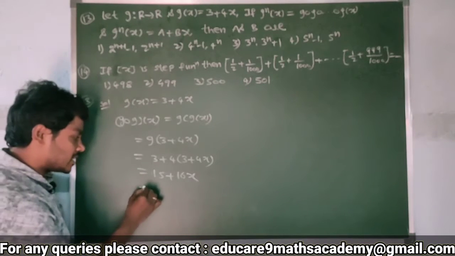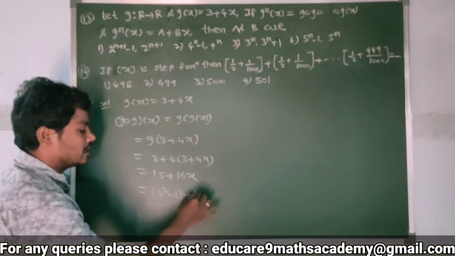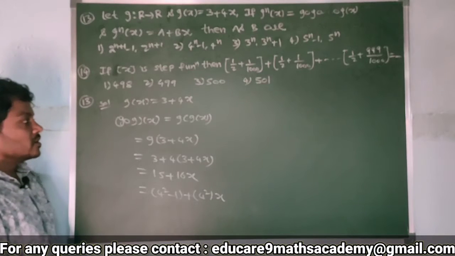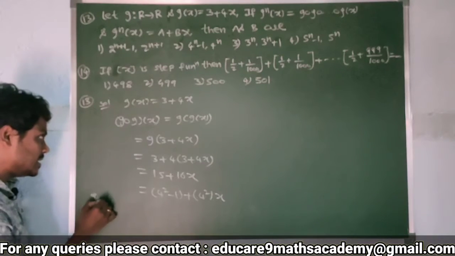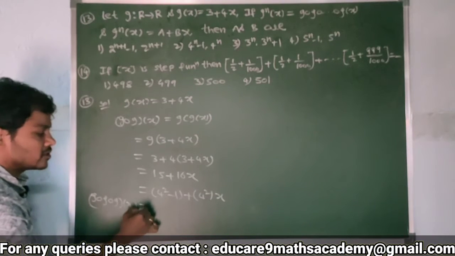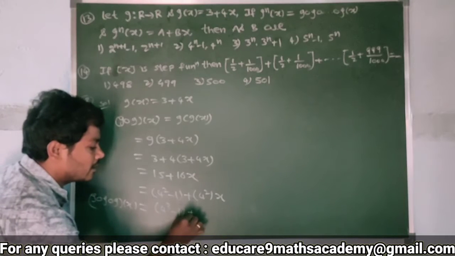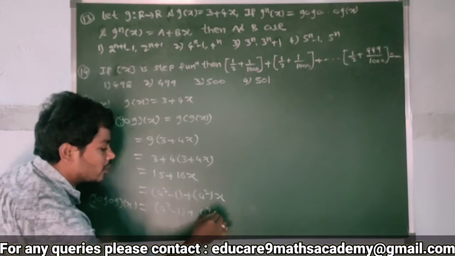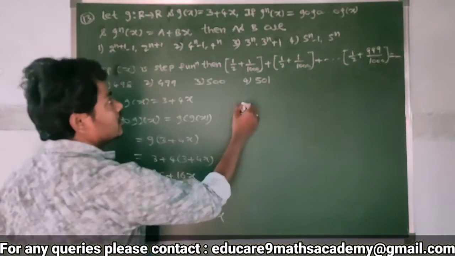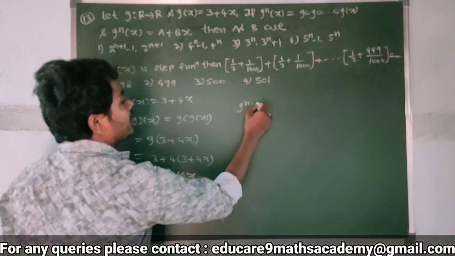So how to write this function? 4 square minus 1 plus 4 square x. So for example, g circle g of x. Similarly this can be written as 4 cube minus 1 plus 4 cube x and so on. g circle, I mean g power n of x.